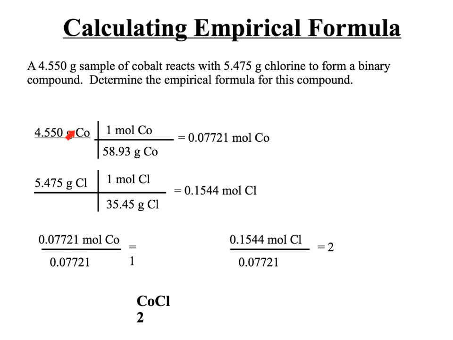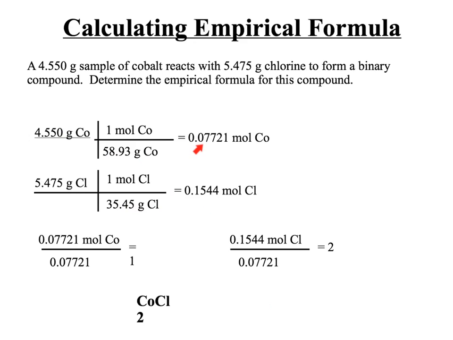This allows our grams to cancel out, and we are now in moles of cobalt. Likewise, we will take 5.475 grams of chlorine, use our conversion factor of 1 mole equals the weight from the periodic table. So here we have the weight of chlorine from the table. This allows grams to cancel out. We are now in moles of chlorine.